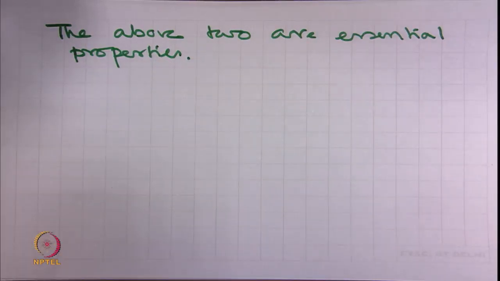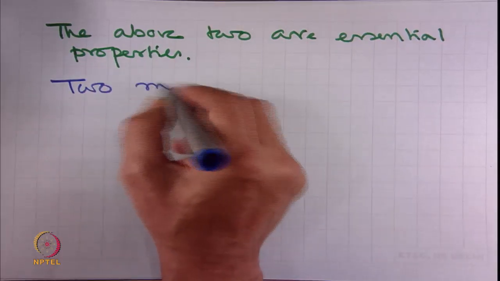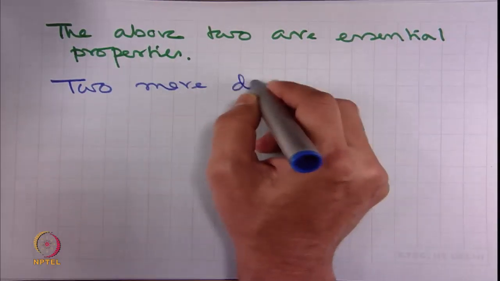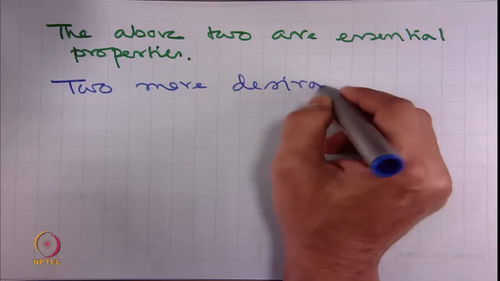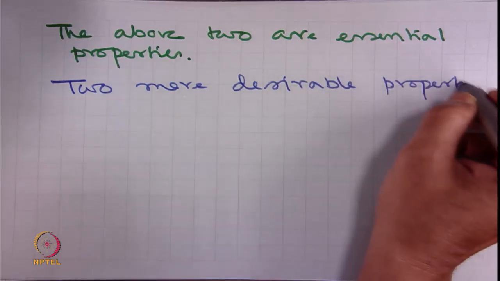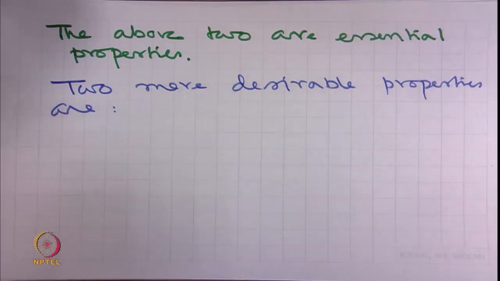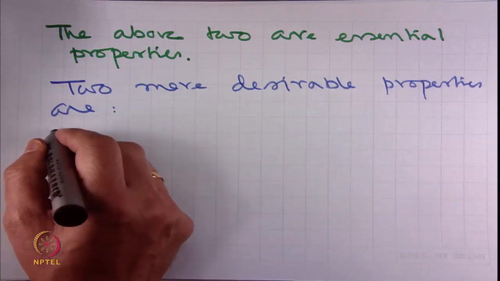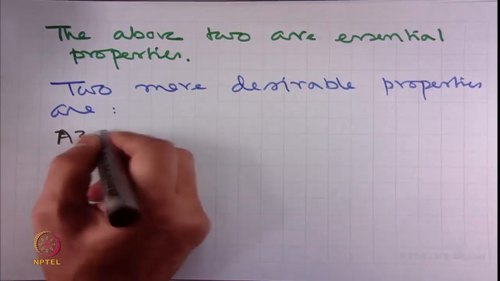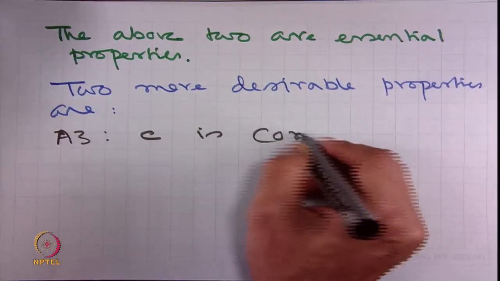Two more desirable properties are: C is continuous.